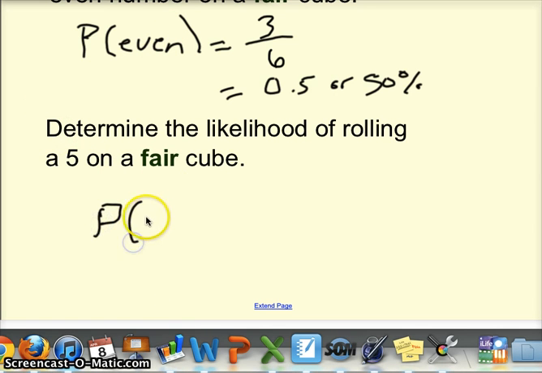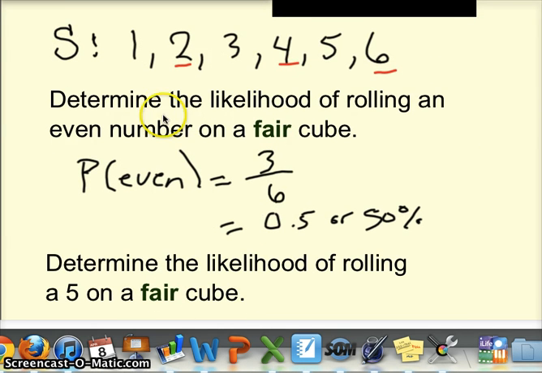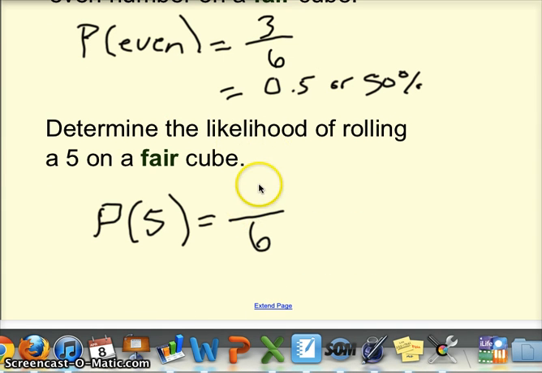So the probability of rolling a 5, again, there's 6 possible outcomes, and out of those 6 possible outcomes, only one of these numbers is a 5. So there is a 1 out of 6 chance that this could happen.